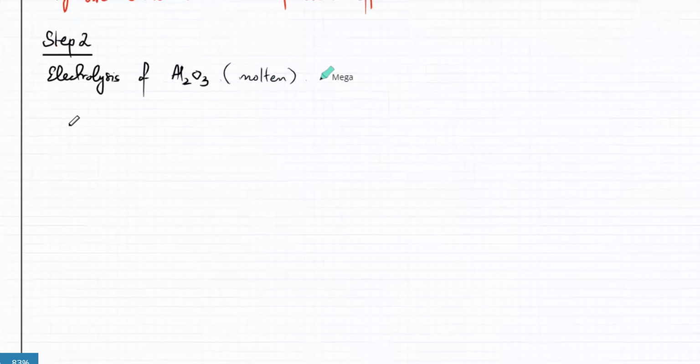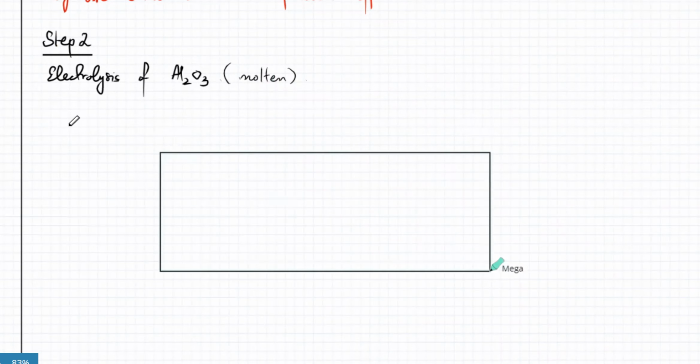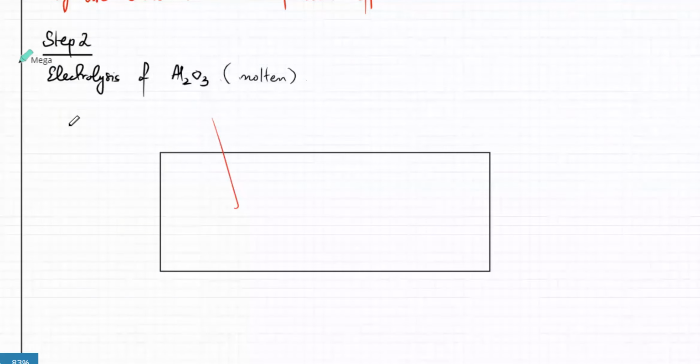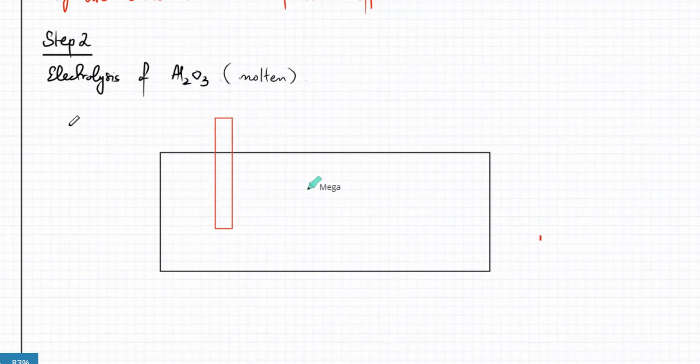Remember, you just have to connect electrodes to a battery. So this is how the electrolysis is going to be performed. It's going to have these electrodes, which are going to be dipped into the electrolyte. So you'll have lots of electrodes.